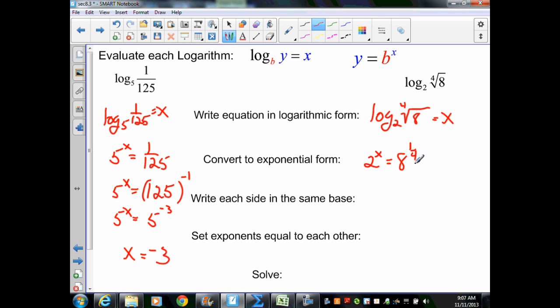Now let's get a common base. Our base will be 2: 2 to the x equals 2, and 2 to what power gives me 8? That would be cubed. But since I already have 1/4 there, by properties of exponents, I know that's going to be 3 times a 4th, or 3/4. My bases are equal, so then I can set my exponents equal.